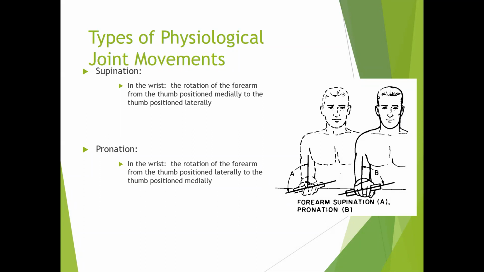Okay? And then pronation is the rotation of the forearm from the thumb position laterally to being positioned medially. So I'm thinking I'm pouring out my cup of coffee, which is just tragic. So supination, receiving that soup; pronation, pouring out that cup. Hopefully that helps you.